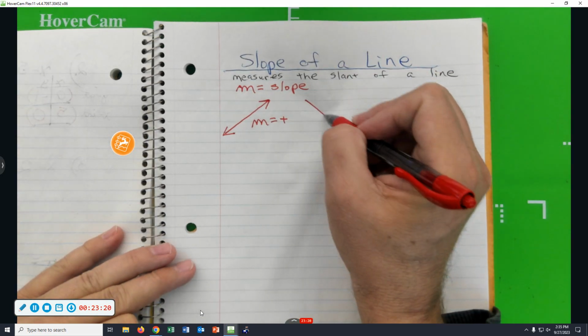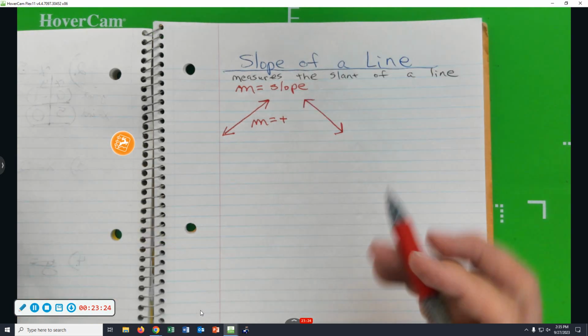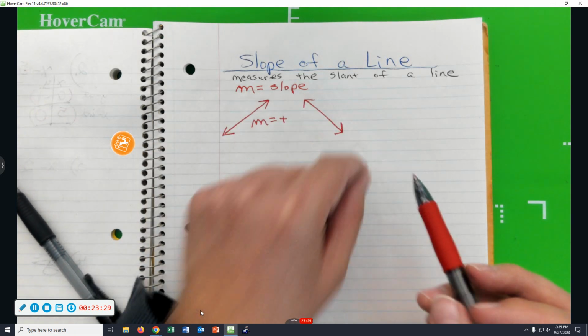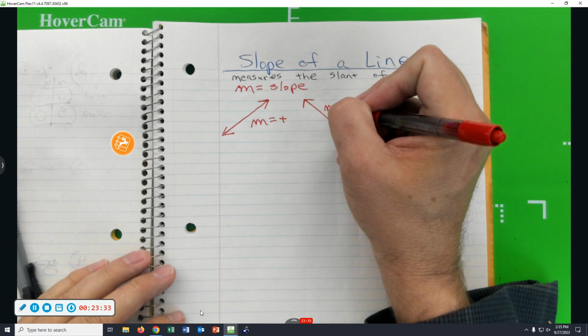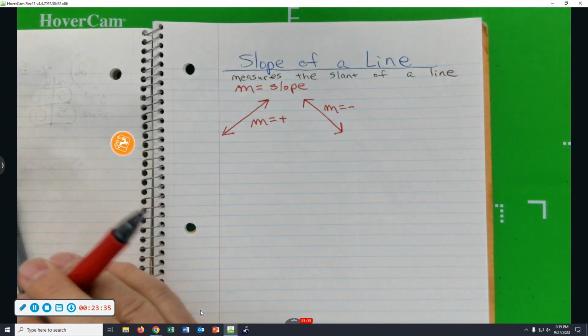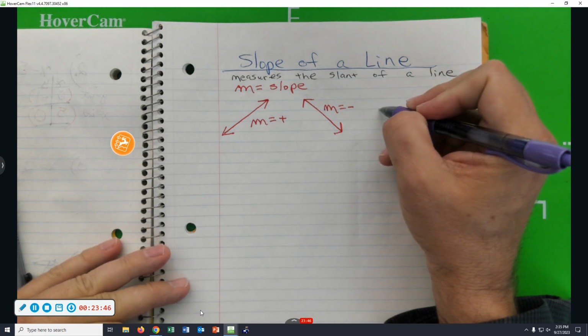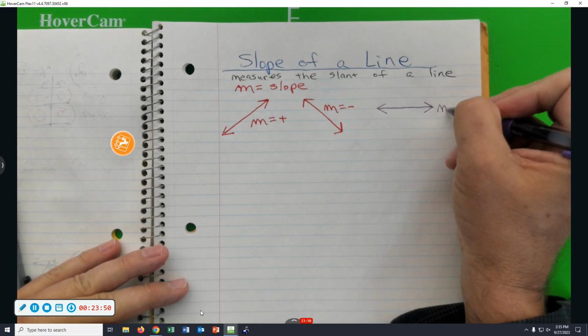When we graph a line and it's falling from left to right, start on the left side and go to the right side, it's going down, in that event, the slope is equal to a negative number. For the special cases, for a horizontal line, the slope will equal 0.